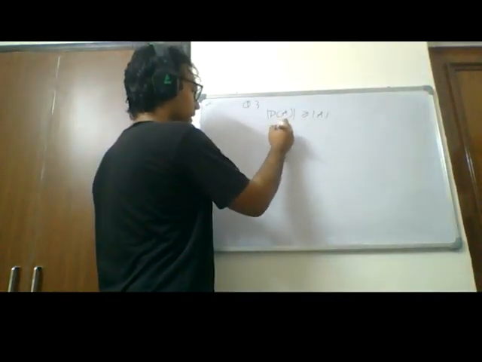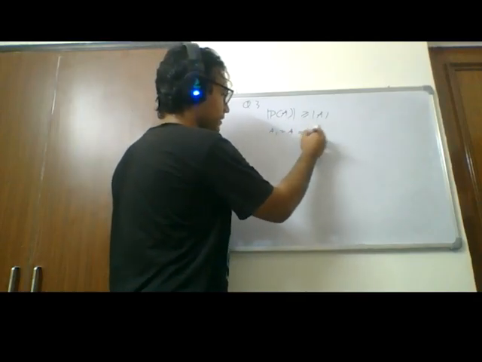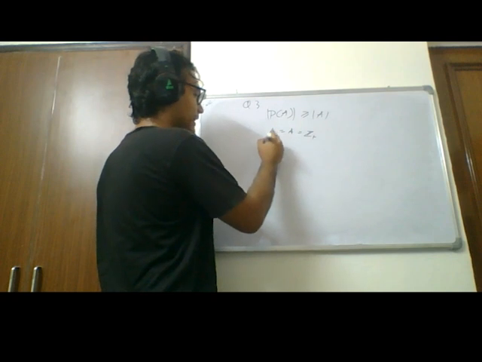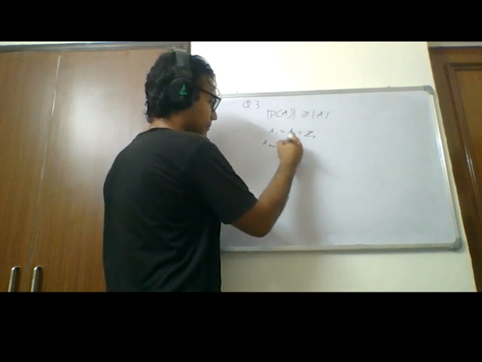Okay. So from that, you can just define A1 to be A, which is an infinite set. And A_n is equal to the power set iterated.